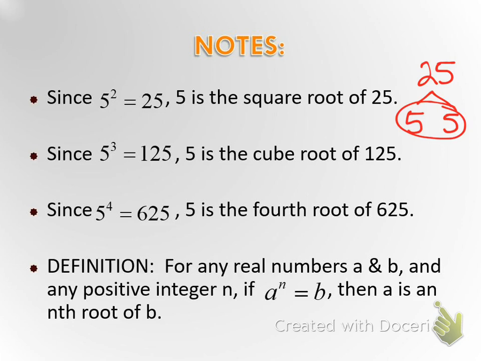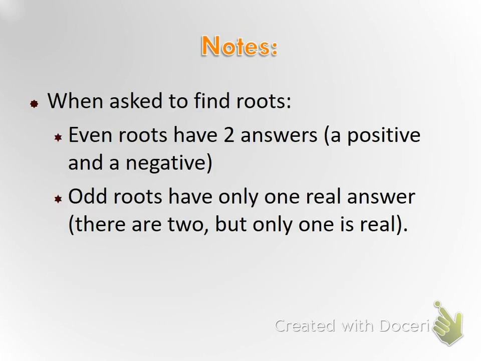If you're taking the cube root, you'd be looking for 3 of the same number. Or the 4th root, you'd be looking for 4 of the same number. So it's the same idea, we're just looking for more than just a pair now. We're looking for 3 or 4, whatever they tell us. When asked to find roots, even roots have 2 answers.